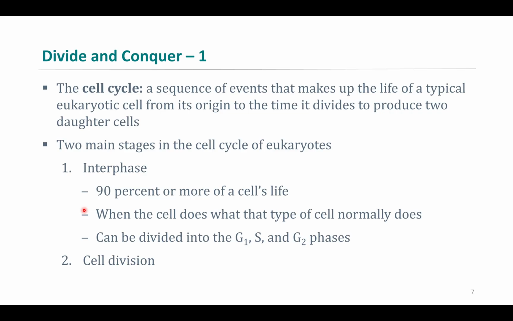For example, if a skin cell is in interphase, it is doing what it is supposed to do. If a kidney cell is in interphase, it is doing what it is supposed to do. If a heart cell is in interphase, it is doing what it is supposed to do. Pretty much the cell is doing its function when it is in interphase.